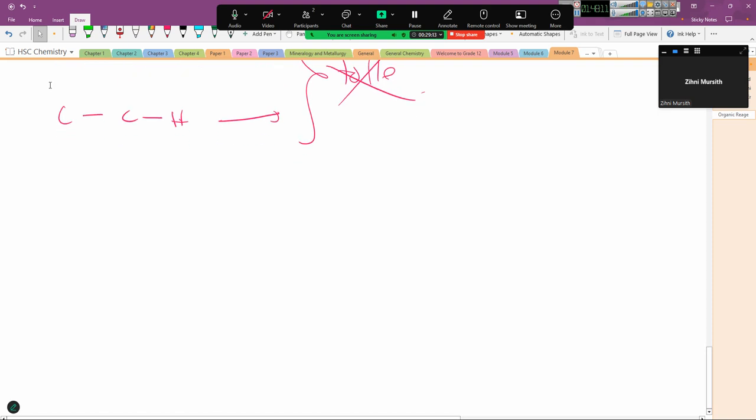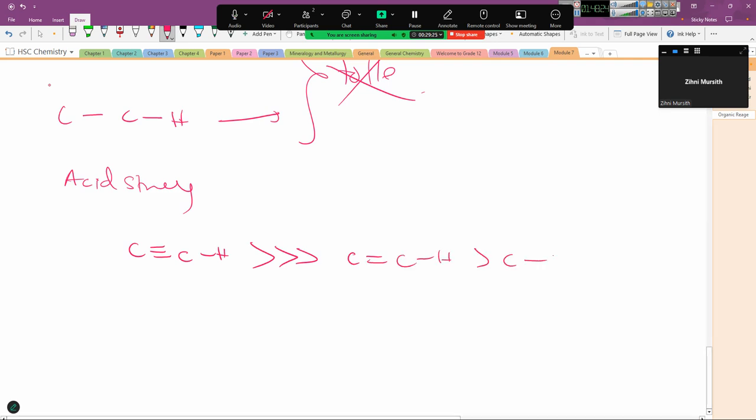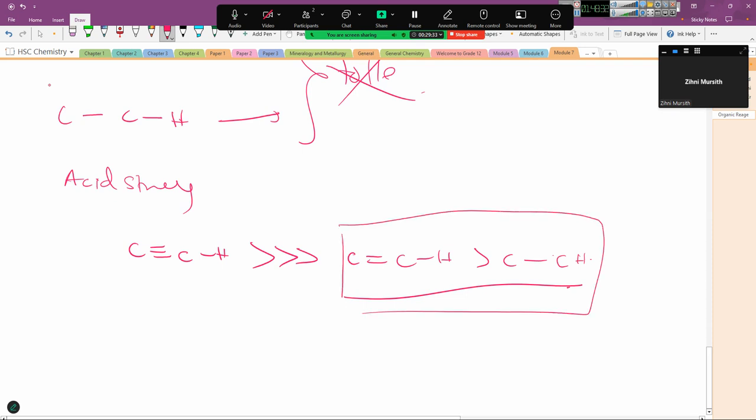So first you should know the acid strength. Acid strength is high for C triple bond CH, and then C double bond CH, and then C single bond CH. So due to this reason, these two systems will not produce positive results with Tollens reagent.